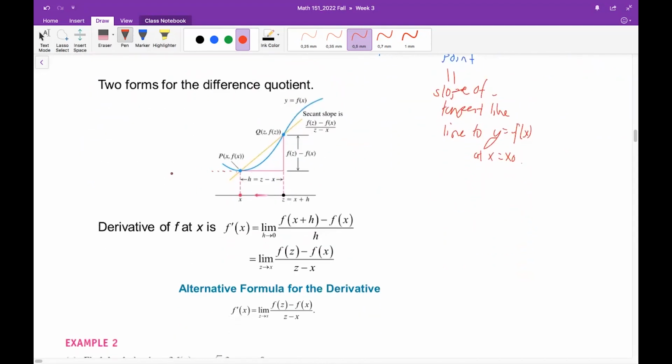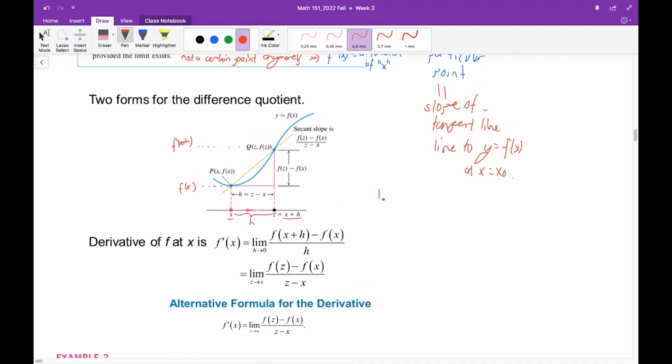And remember that this was the image of x, and here this will be the image of this point, x plus h, so that, you know, this difference is h. If you solve for h here, okay, so let's zoom in on this part. We have x and we have this x plus h point. That's why this difference here is h.